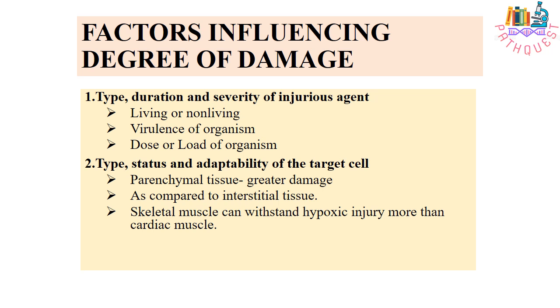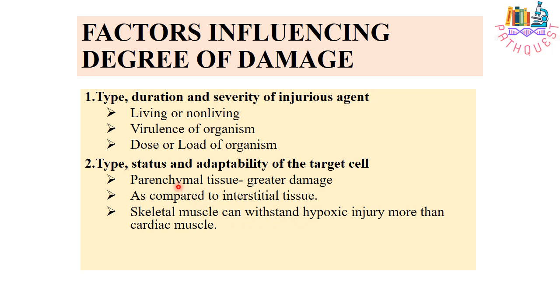Now, what are the factors which will ultimately decide the degree of damage caused to the cell and the final outcome of the cell injury? There are various factors which are related to the etiological agent or the causative agent, and the factors related to the cell to which the causative agent is causing damage.